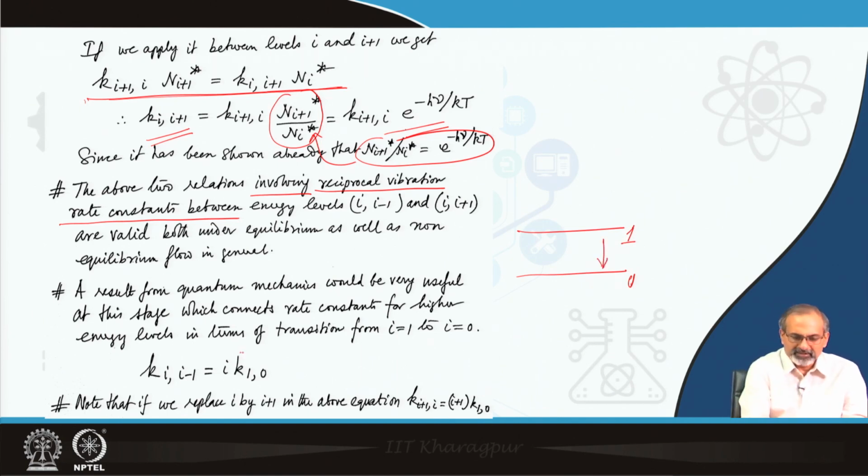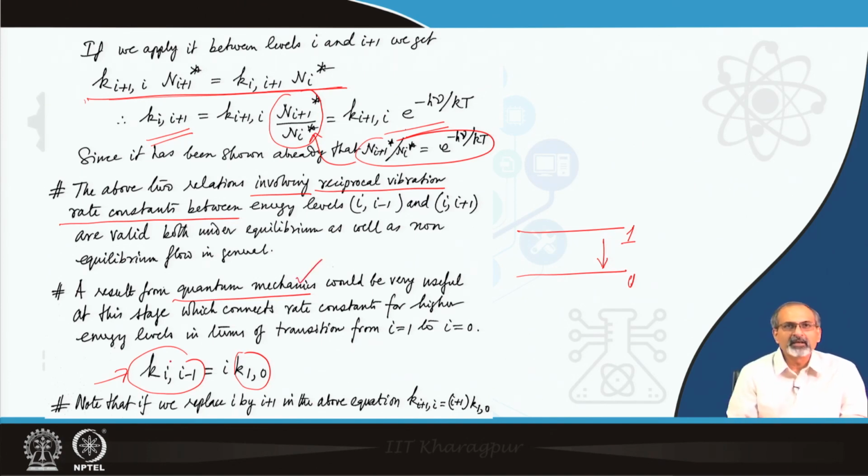That is the constant involved for that kind of a transition, and it can be connected with any higher level rate constant using the following equation, which is a very important and useful one, but it comes directly from quantum mechanics. We will just invoke it here.